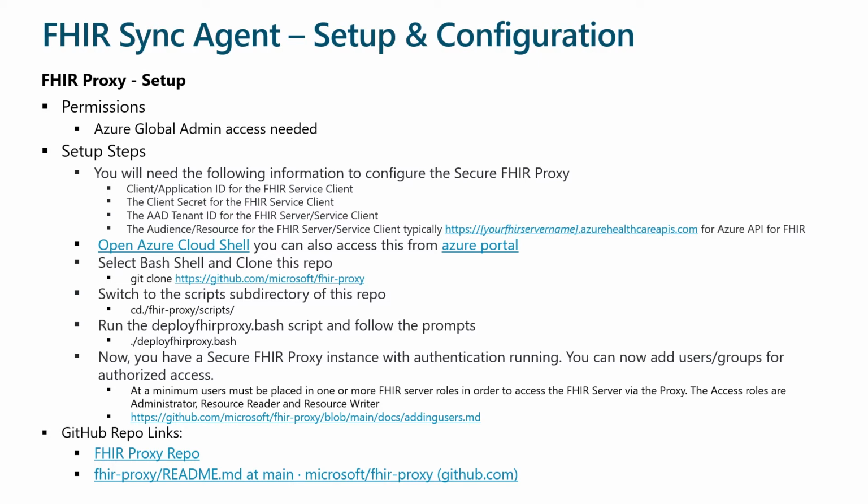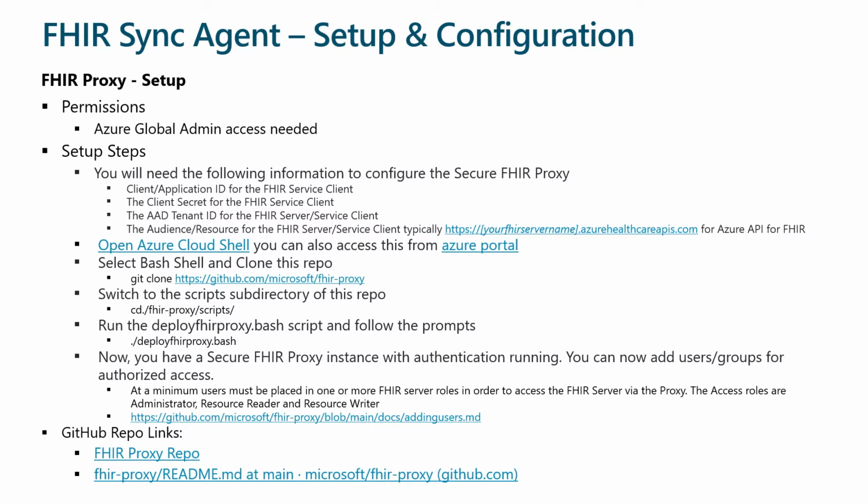First, you will need Azure Global Admin Access to install the FHIR proxy. So in terms of the setup steps, the following information is needed to configure this FHIR proxy. The client ID of the FHIR service client, which is nothing but the Azure AD application that you create for Azure API for FHIR.